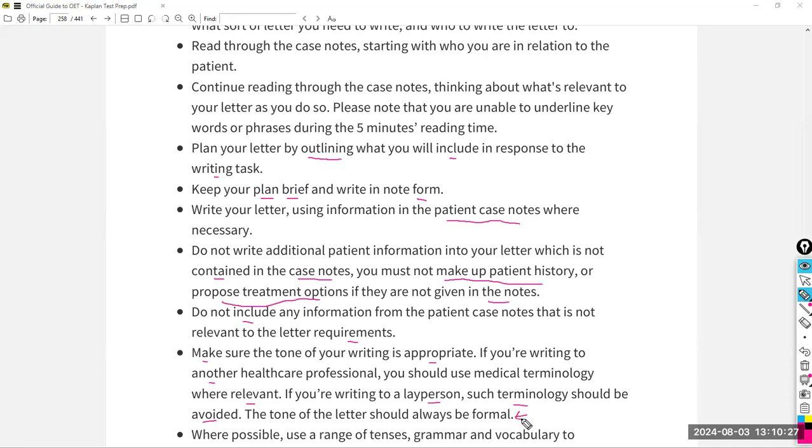Please avoid using slang. Do not use slang in writing the letter. Do not say, for example, I wanna, I gonna, I gotta. Please, this is something wrong. And even in writing the letter, avoid using abbreviations. Do not write, for example, she's.